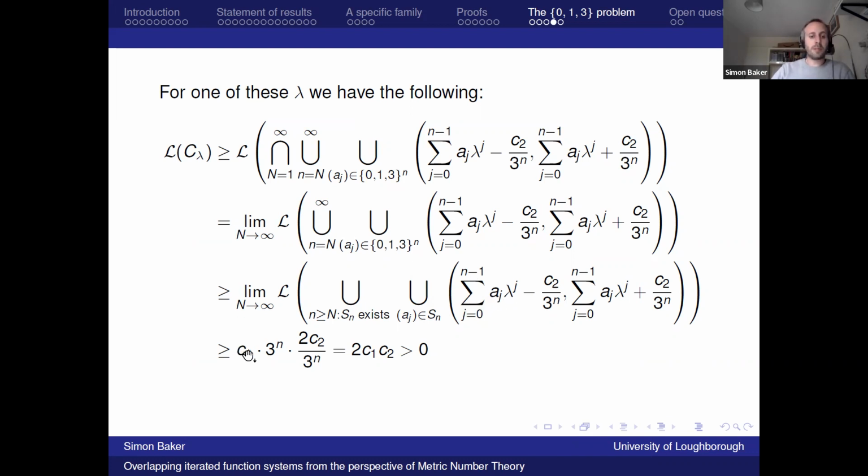I get C1 times 3 to the n because that's how many points I had, and I get 2 times C2 divided by 3 to the n because that was how well things were separated. So this gives me positive Lebesgue measure for free. It's a very simple proof of Solomyak's result. This problem, the 013 problem, was an important problem at the time, but we can pick up a solution for the generic behavior between a third and 2/5 for free.